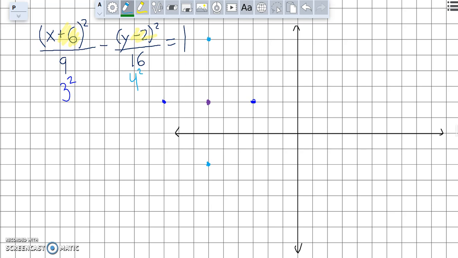If this were an ellipse, I'd be pretty much done. I would just connect them all, but it's not an ellipse. That minus sign means that it's not an ellipse. It means it's a hyperbola. From here, I'm going to use these dots and connect them to form a box.